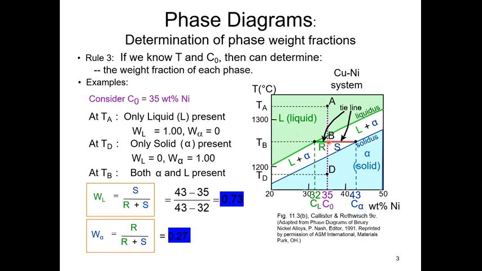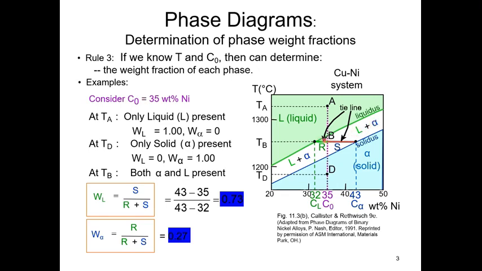Okay, what about B? So you have two types of things here, L and alpha. So how do you determine at this point how much is the weight fraction of L and alpha? Okay, first you need to draw a tie line. This is the tie line. So we know here it consists of liquid and alpha.